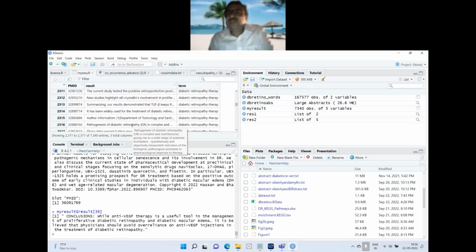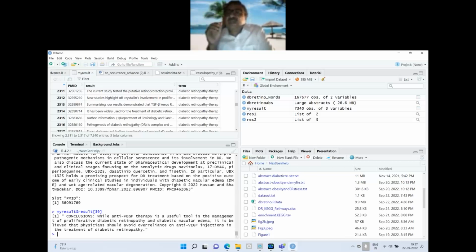So this way we can see that by choosing the words of interest, which have some medical meaning or a scientific meaning, the examples I showed were the genes, mRNAs, scientific meaning.